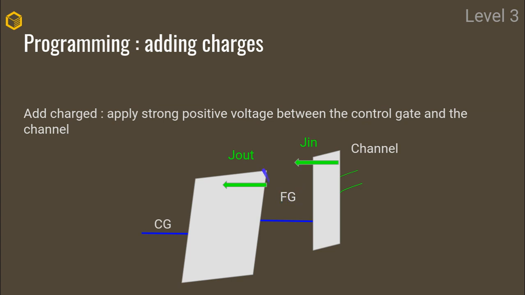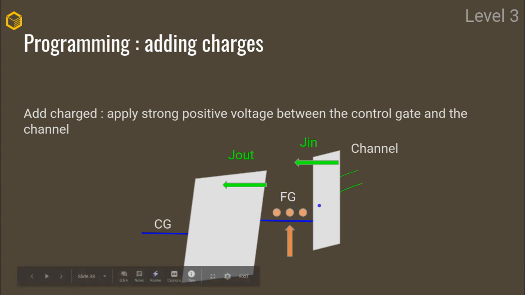And then as a result of this, because I do have a voltage differential, I also have this other J out, where some of them will also maybe tunnel through my control gate, but since this one is much thicker, the probability of them actually going through isn't that high, but they will try.